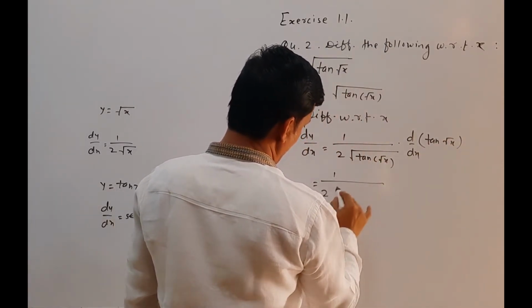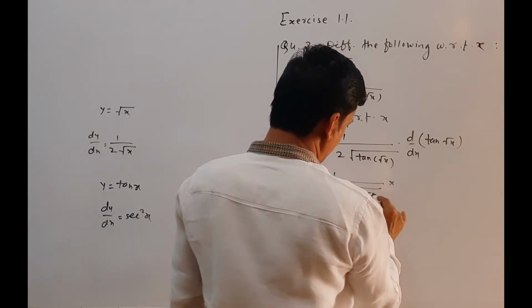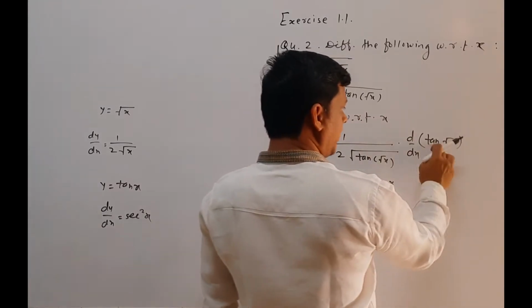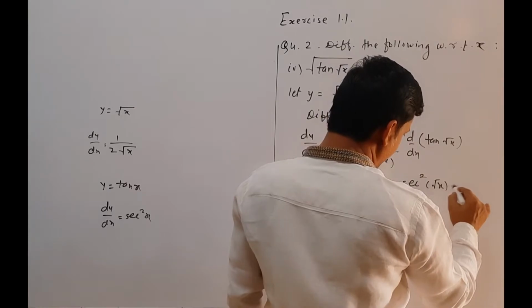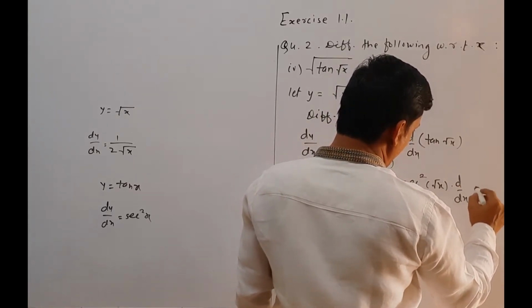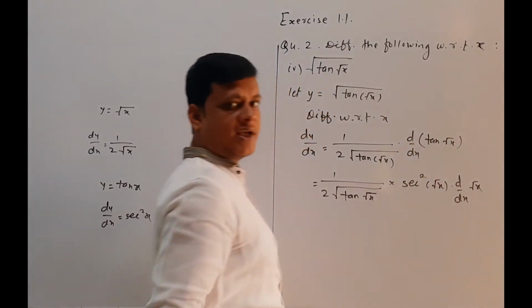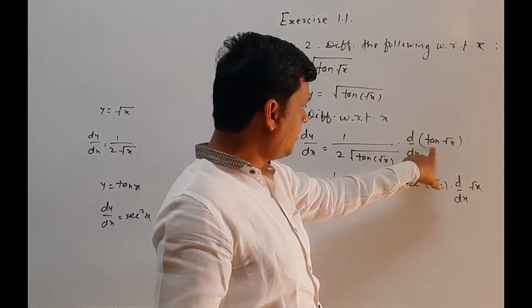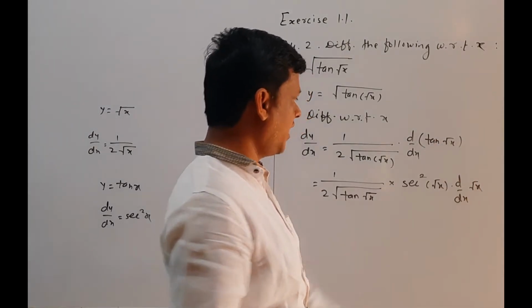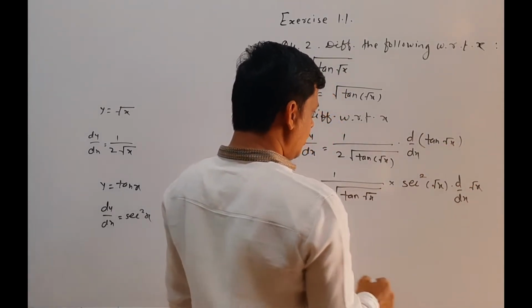Therefore 1 upon 2 root tan of root x into the derivative of tan, which is sec square. So we write sec square root x into d by dx of root x, because in place of x the value is root x here. So this tan root x is a composite function. The outer function is tan, the inner function is root x. So first we find the derivative of tan, then we find the derivative of root x.